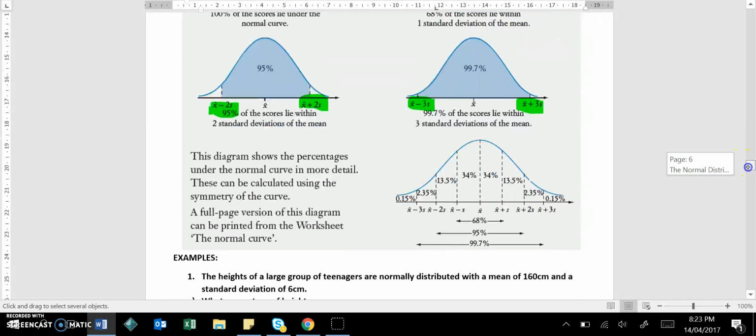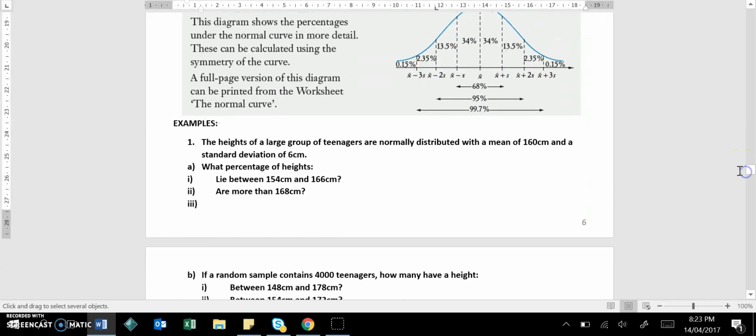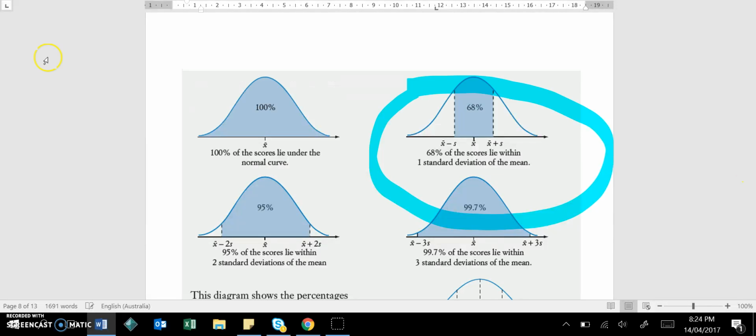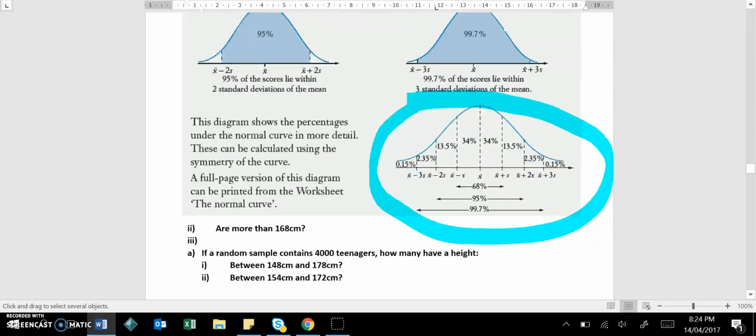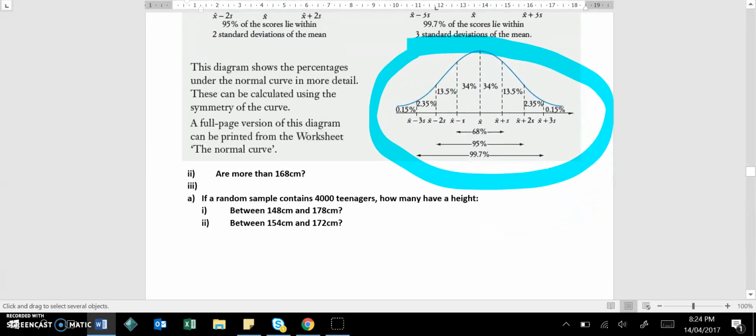Something that's going to help you solve a lot of problems is this curve. So basically, if you are able to remember this curve here highlighted in blue, that's going to really help you heaps. So it's important that you memorize that and you're able to learn these percentages.